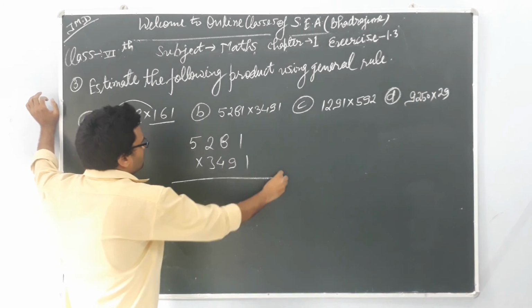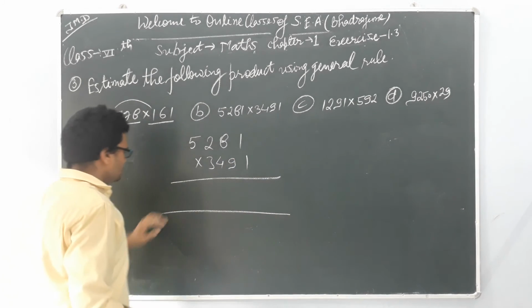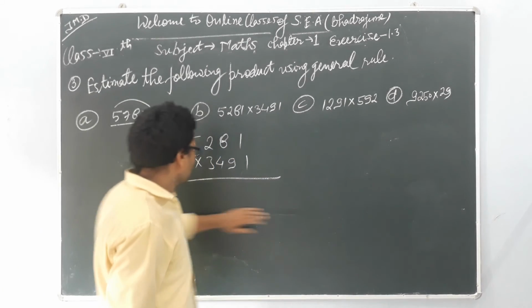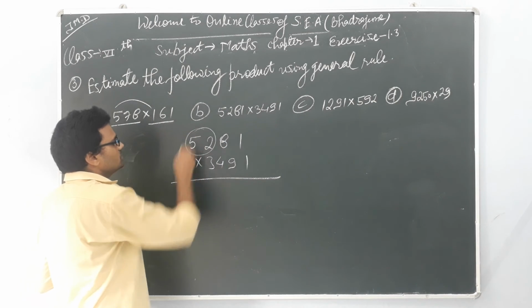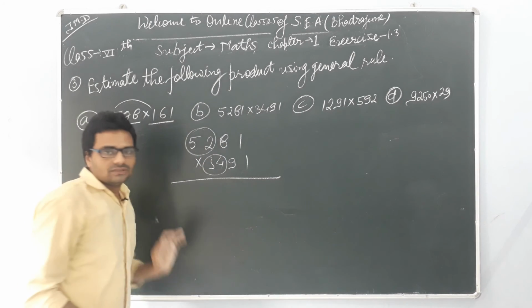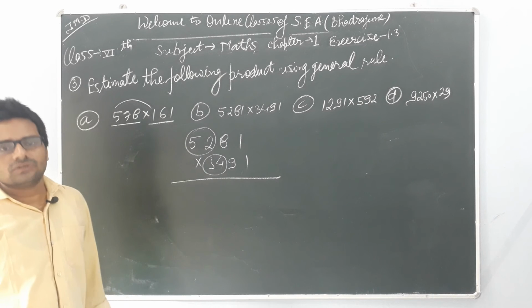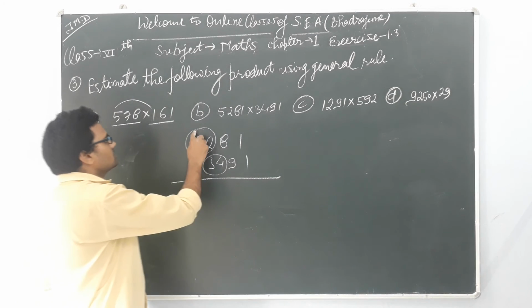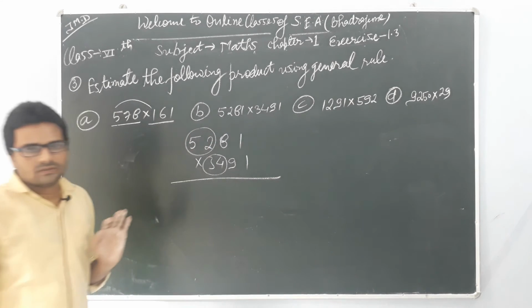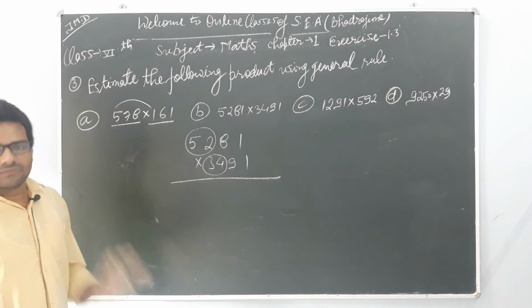In this much big part, if we go for estimation, then we have to multiply 52 with 34. But in this area students are not so wise, that is why I am taking a direct method. Okay, I hope you have no problem.